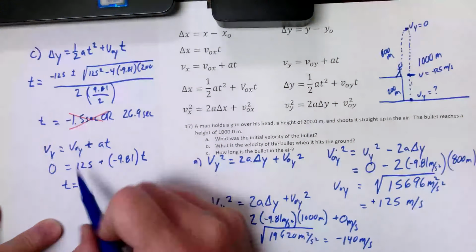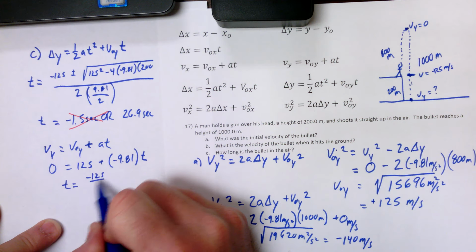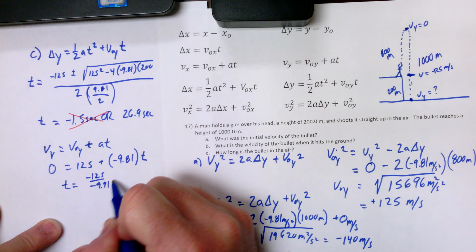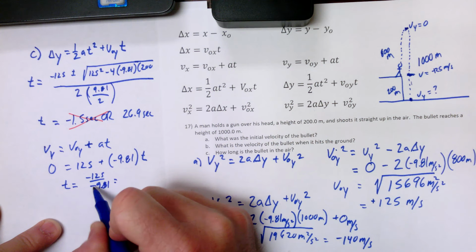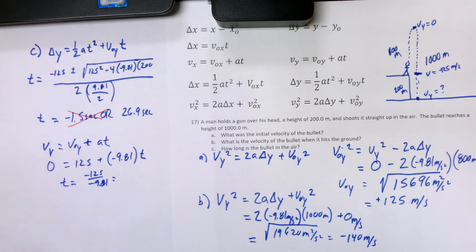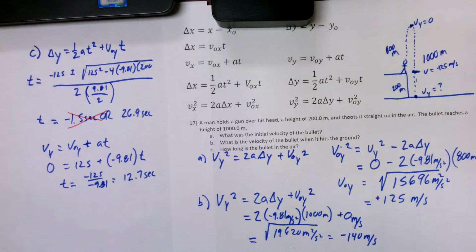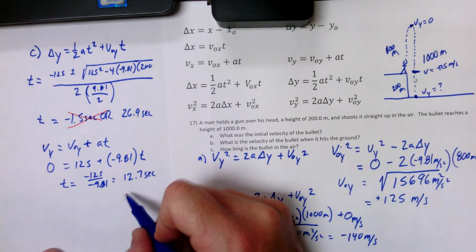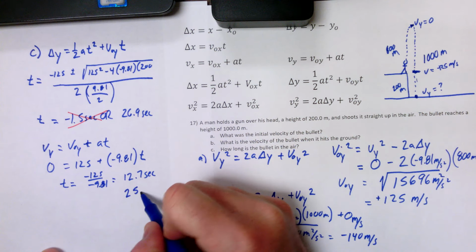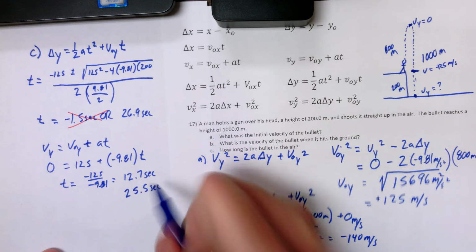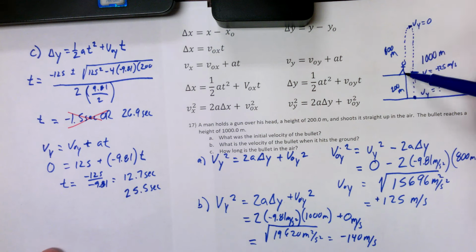Time equals negative 125 divided by negative 9.81. Notice negative is going to give me a positive value for my time, which makes sense. So when I do that math, I get 12.7 seconds to go up to that point, which means it also takes 12.7 seconds to come down. That gives me about 25.5 seconds for the trip from here up and back down again.